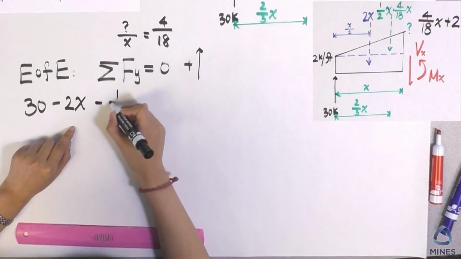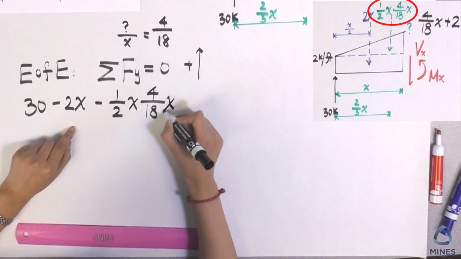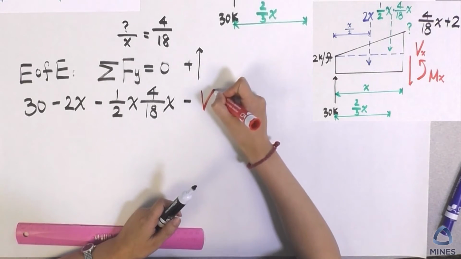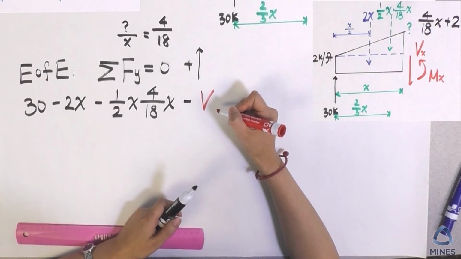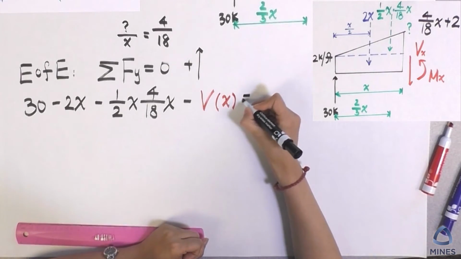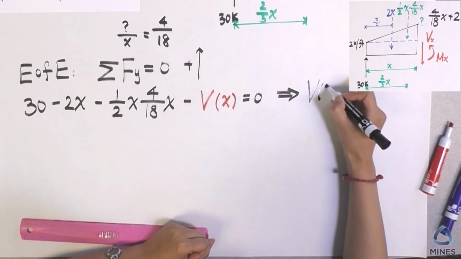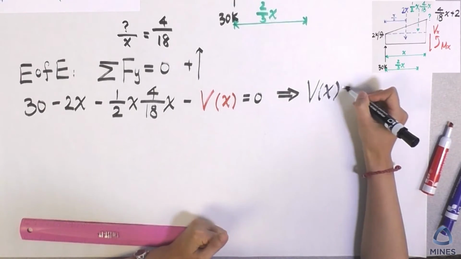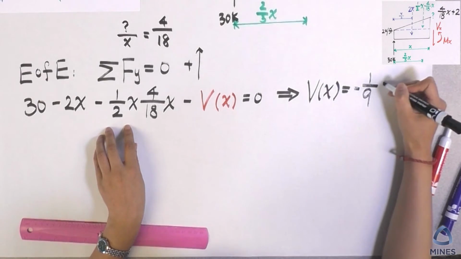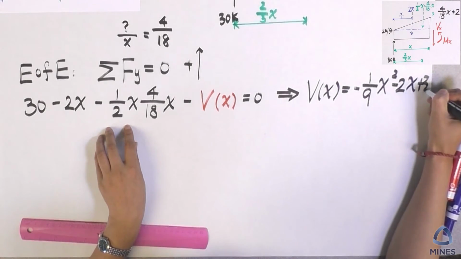We also have a triangle load going down, and the shear function we have to find. In this equation we only have one unknown, so we combine every term here. Finally we get the shear function will be plus 30.